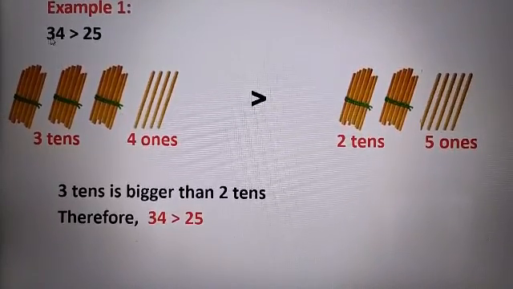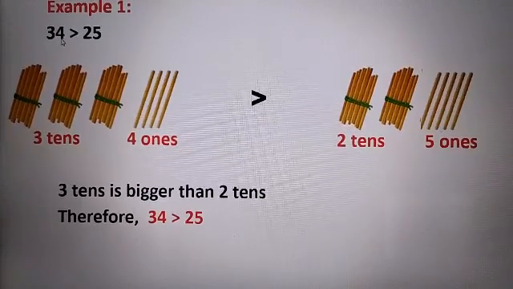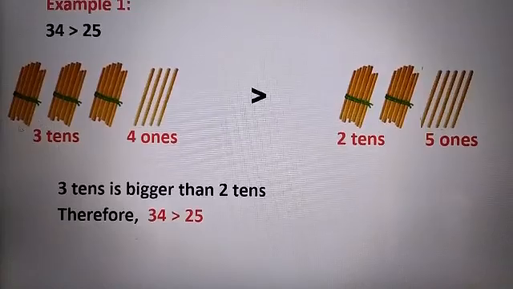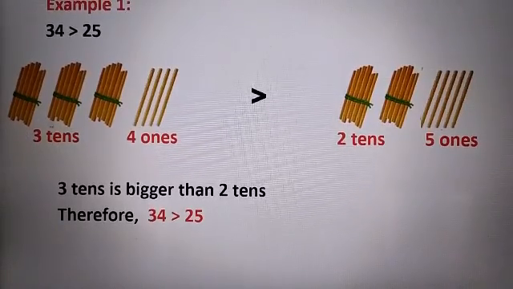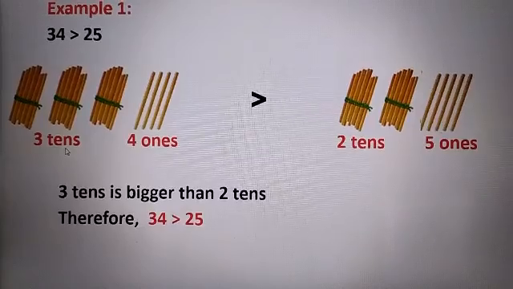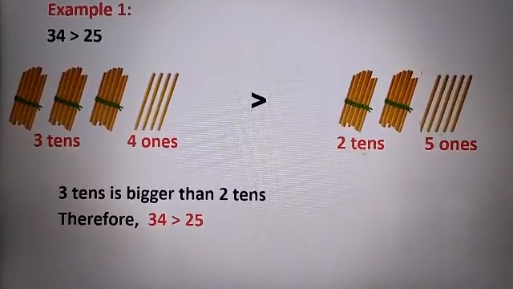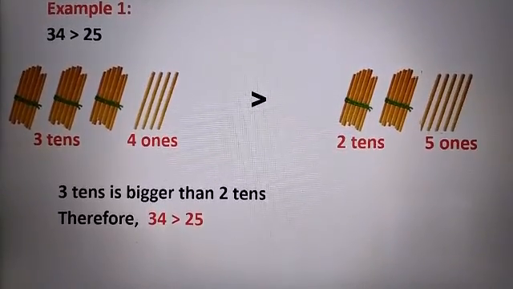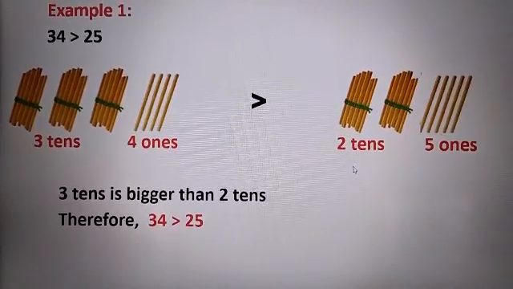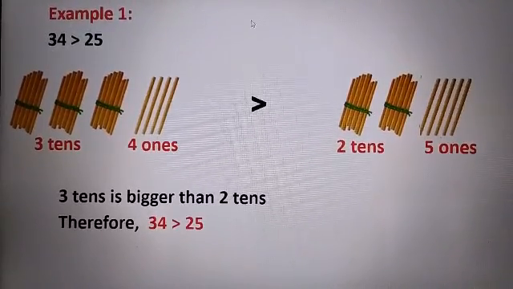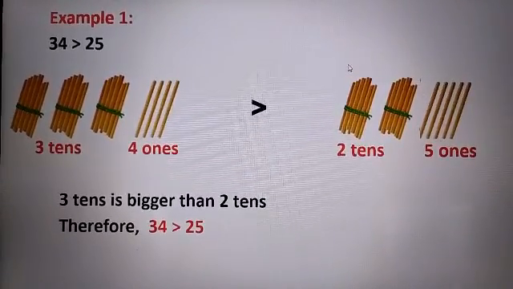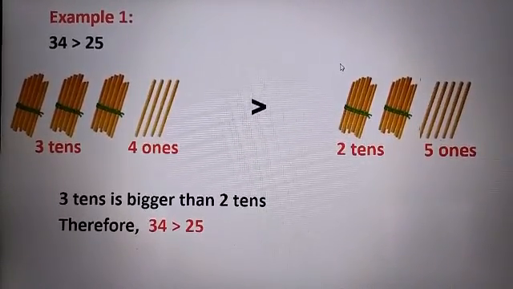So when you have the same number of digits on both sides, what you have to see is the digit in the tens place. Here in the first number you have 3 tens, whereas here there are 2 tens. So 3 tens is bigger than 2 tens. Therefore, 34 is bigger than 25. Okay kids, now let us see the next example.